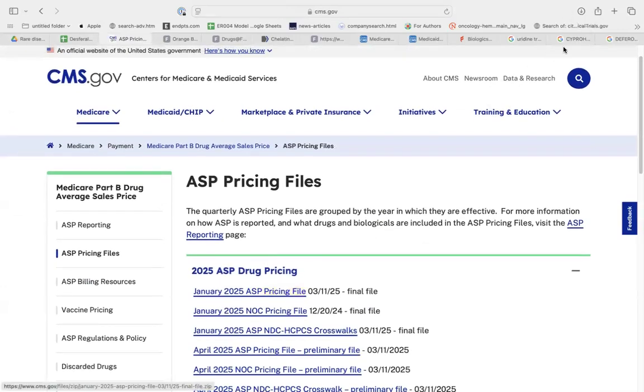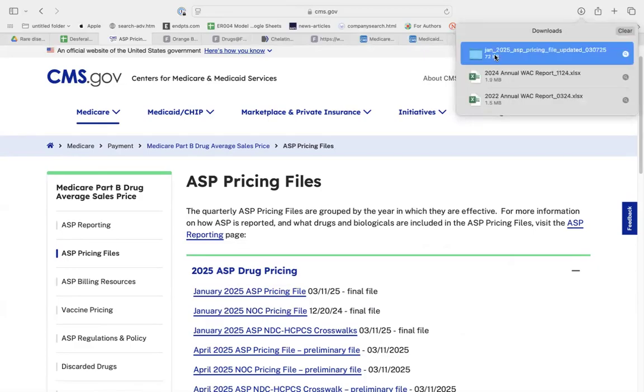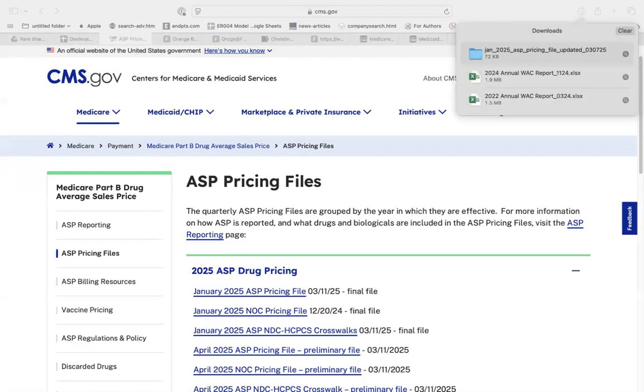We'll just use the most recent date. Usually ASP can be a little bit lower than WAC because it takes into account rebates. But because the price here is so low, I don't think it'll be material.